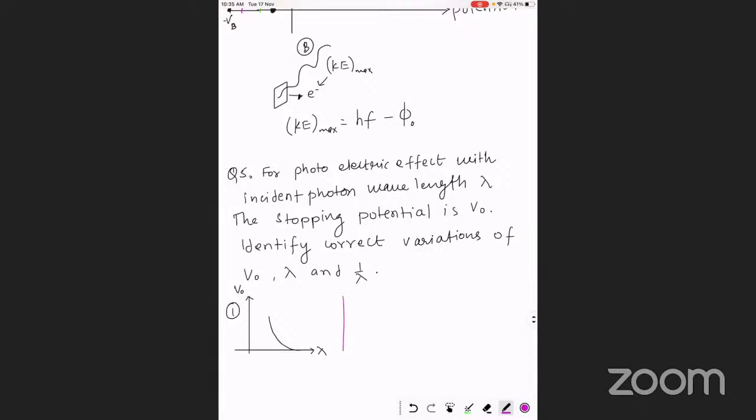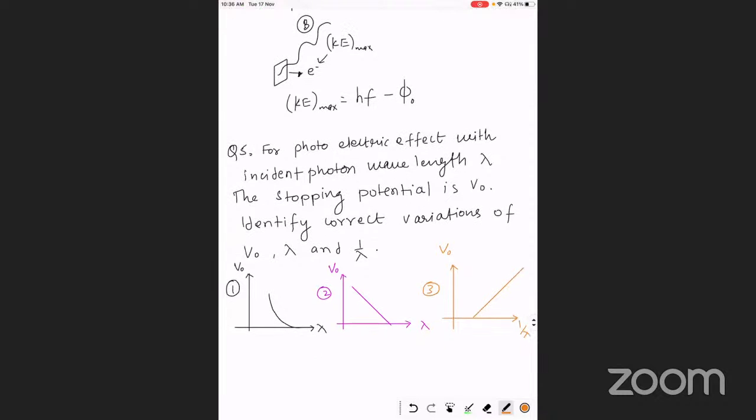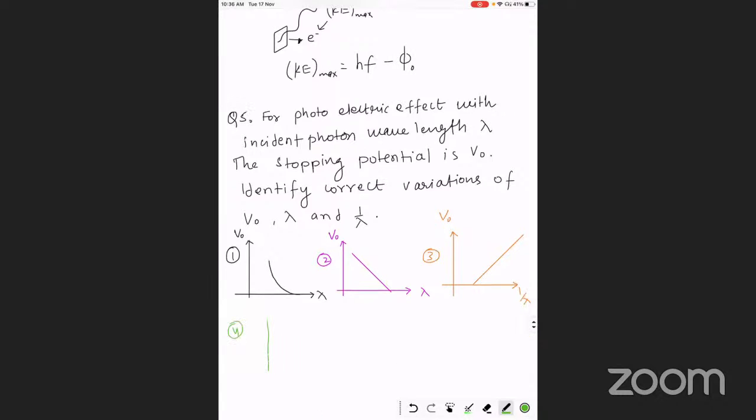As you can see that. There's more than one correct.